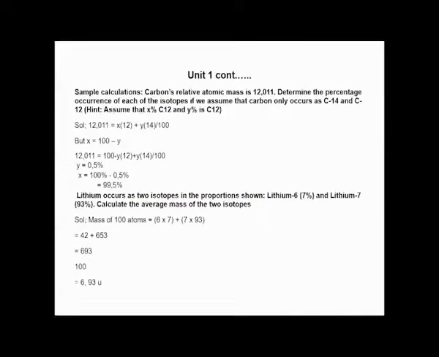We will continue with Unit 1. We have to look into some examples of calculations. For example, you are given carbon's relative atomic mass, which is 12.011. You are asked to determine the percentage occurrence of each of the isotopes if the carbon only occurs as carbon 14 and carbon 12.